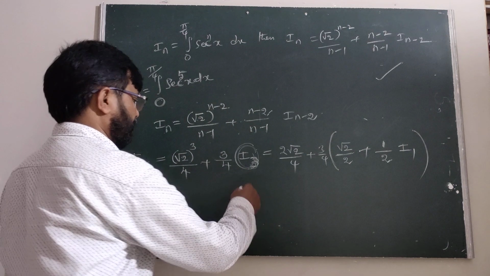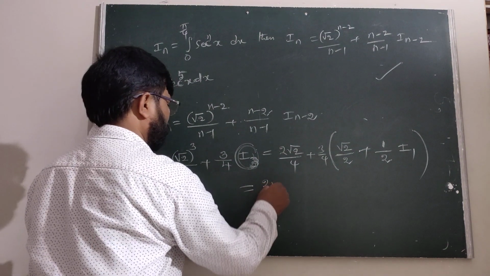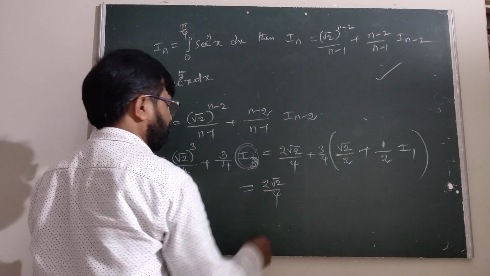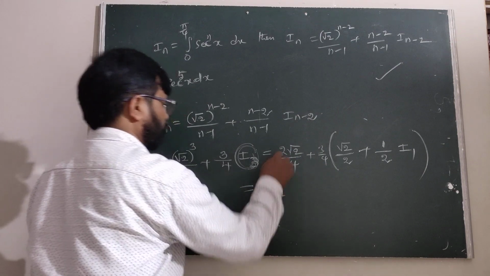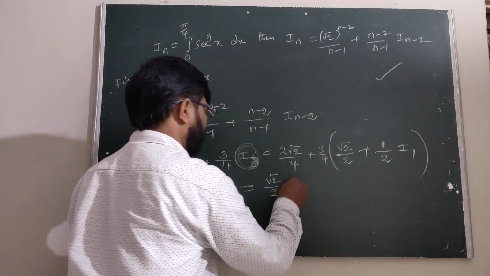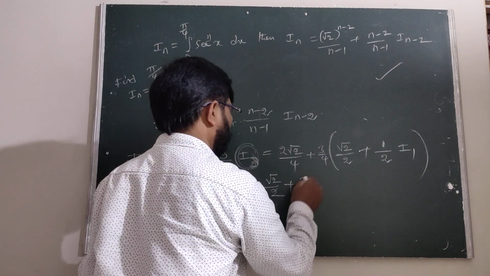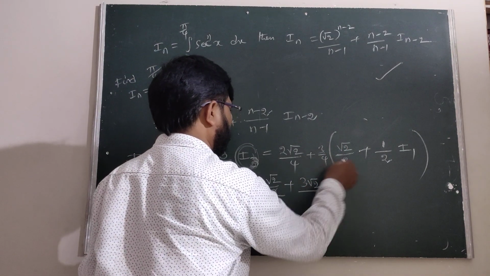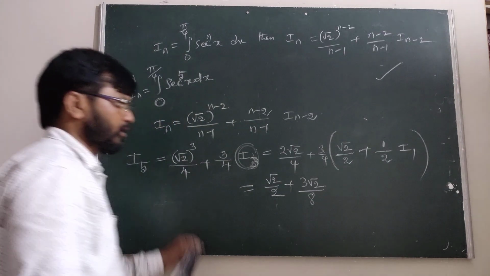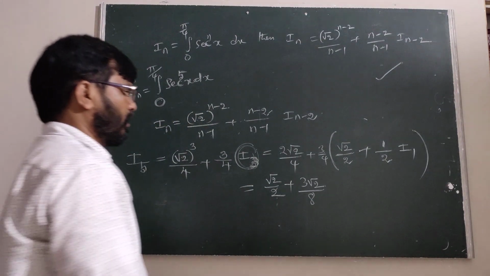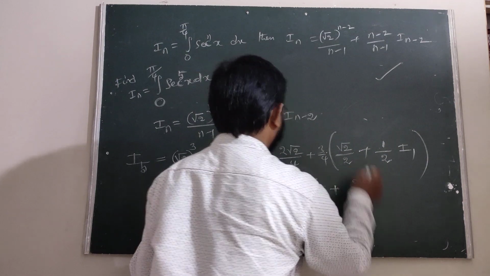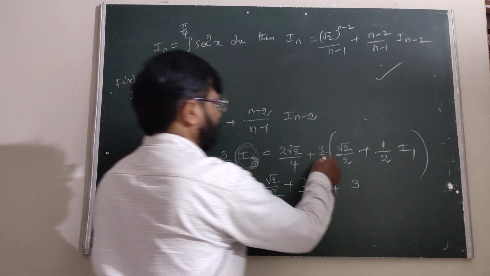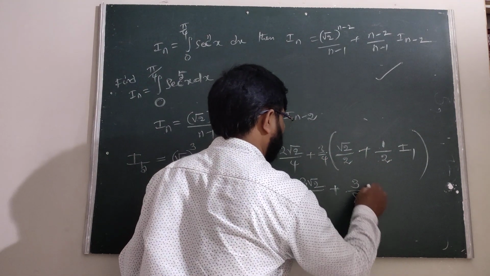Now is it clear? We can write this as 2 root 2 by 4, or root 2 by 2. Then 3 into root 2, 3 root 2 by 4 twos are 8. Then 3 ones are 3, 4 twos are 8, into I1.